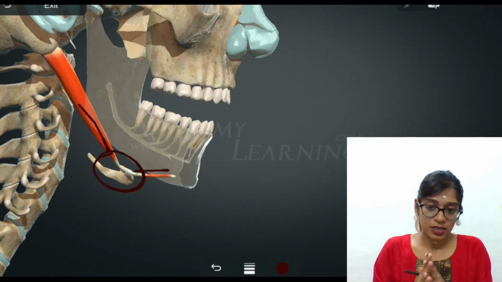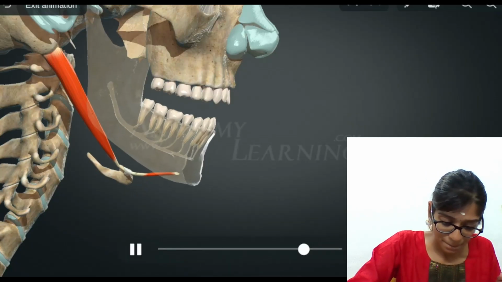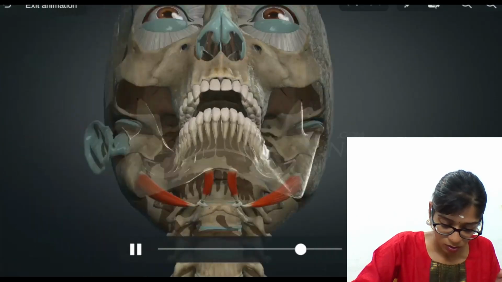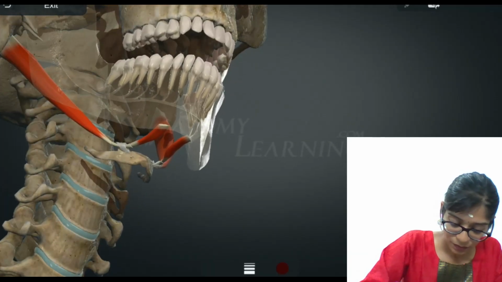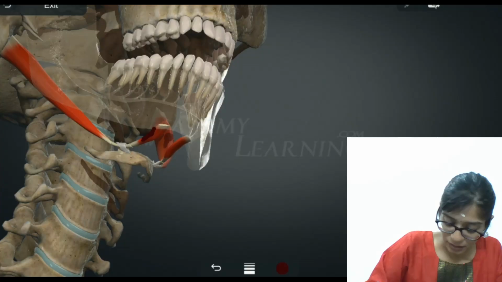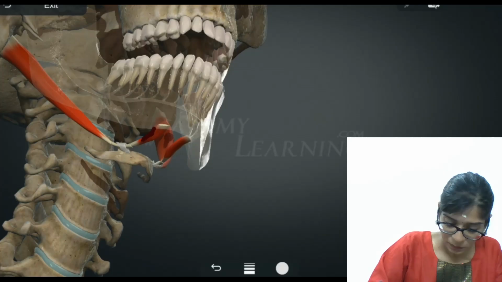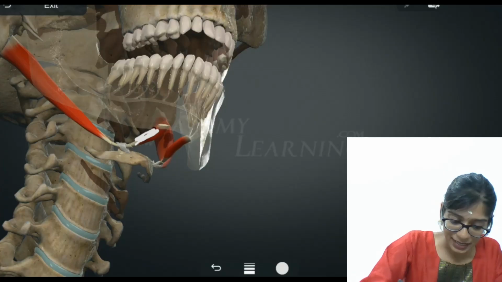Now the question, the nerve supply of the digastric muscle, remember. The anterior belly, this is the anterior belly, right? Okay, so this is the anterior belly of the digastric.